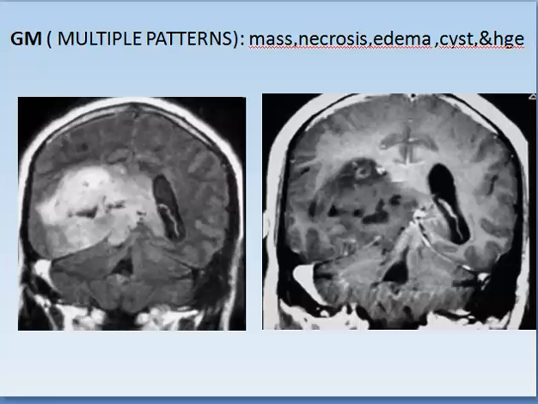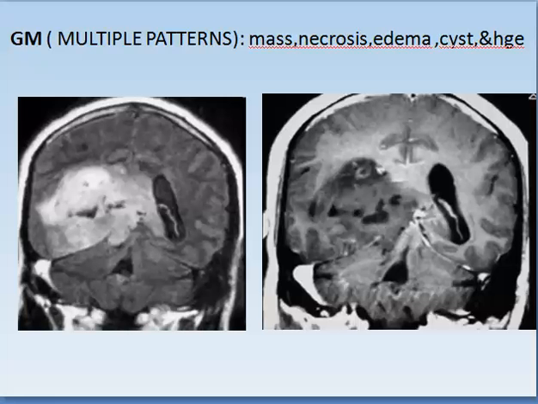What we can see here is multiple pattern, and we should know this multiple pattern is meant by mass, necrosis, edema, cyst formation, hemorrhage. So this is multiple pattern.